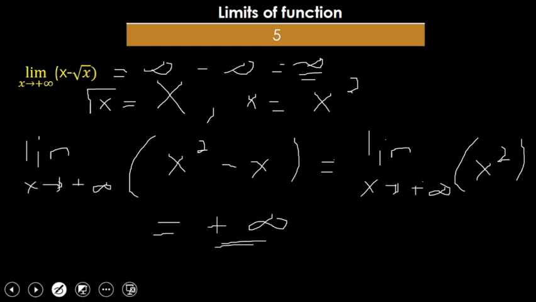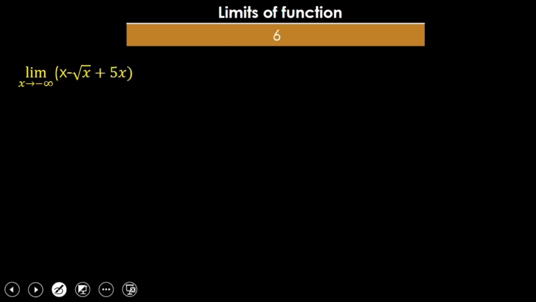In the next question, we are given the limit as x tends to minus infinity of x minus square root of x plus 5x. Here we are just going to use a change of variable as earlier.